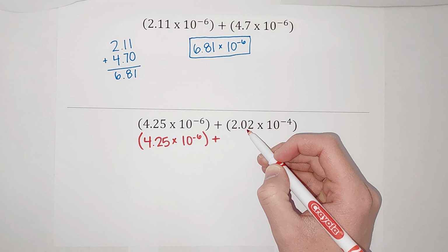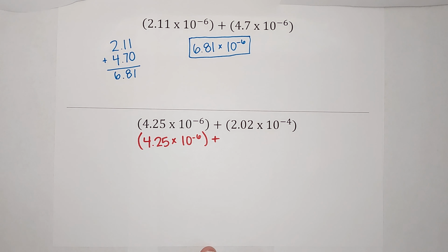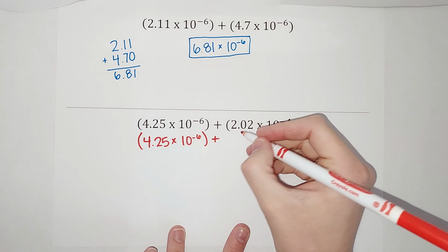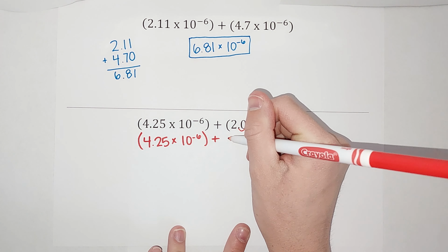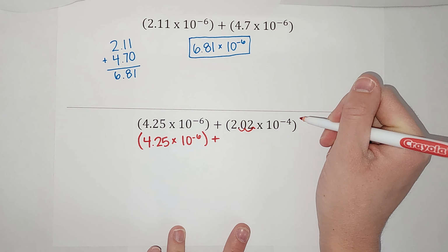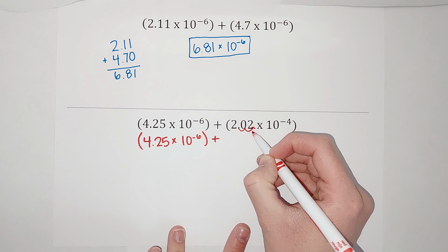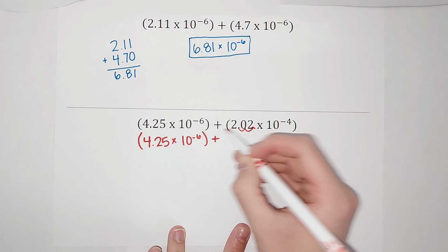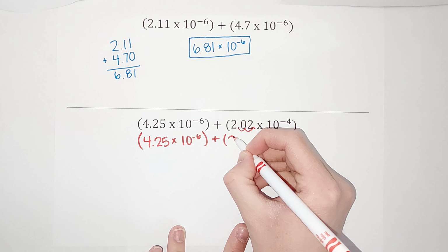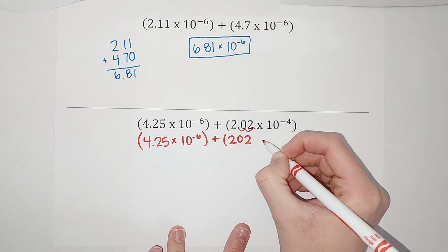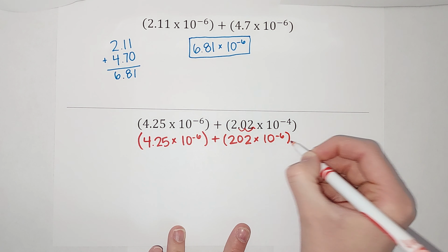Hopefully that makes sense. If I move it over again, I would be in 10 to the negative 6th. So if I move this over twice, that's going to put me in 10 to the negative 6th power. Because if my decimal point is right here, to get to where I want to be, I need to move over 6 times, right? So it would be 202 times 10 to the negative 6th power, okay?